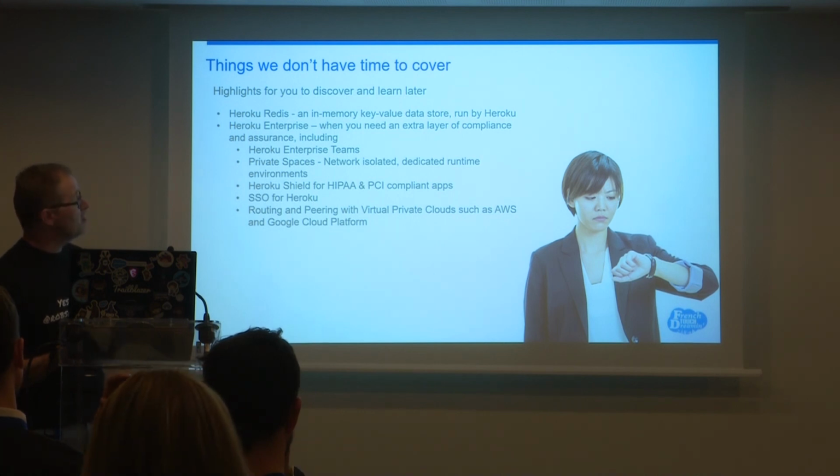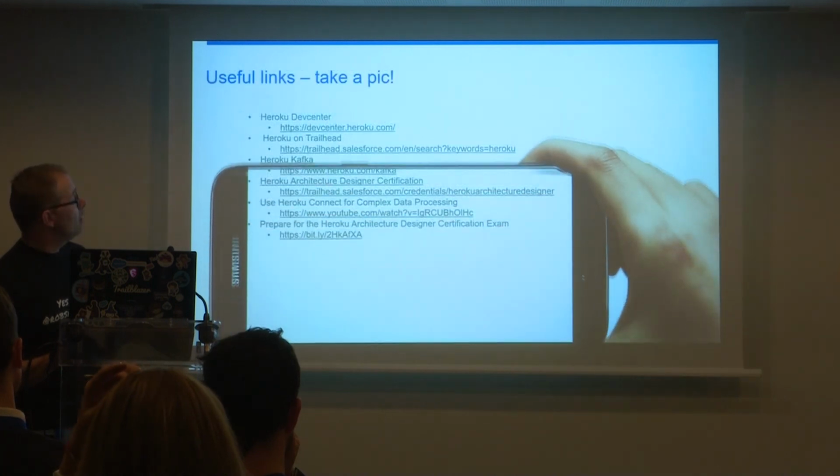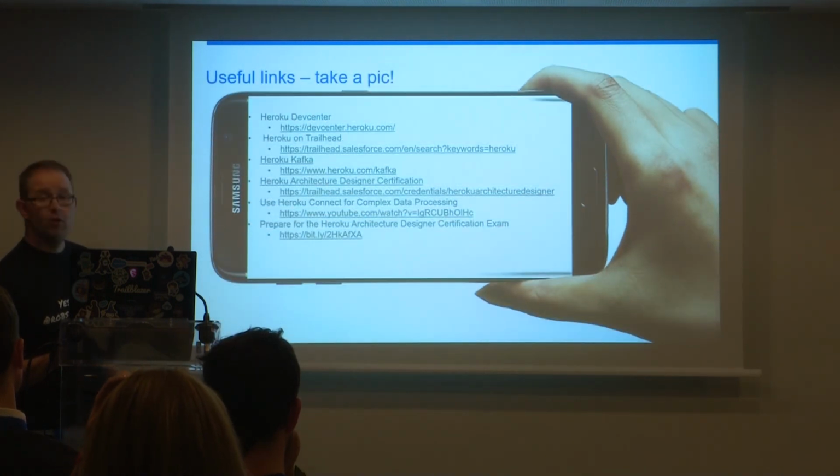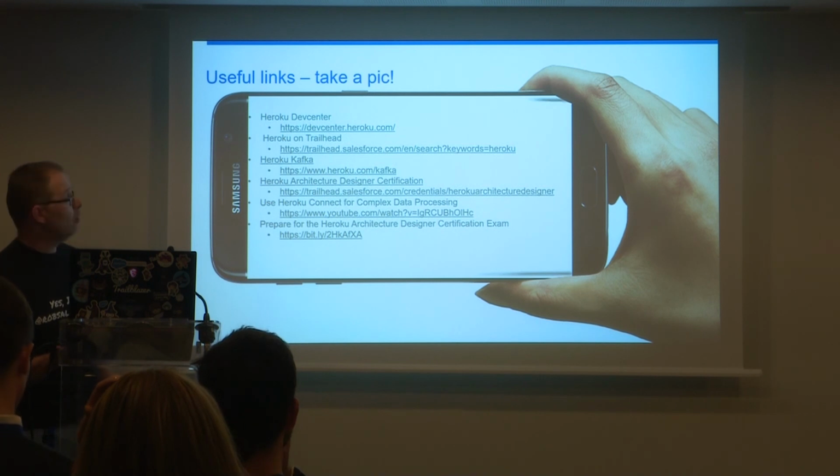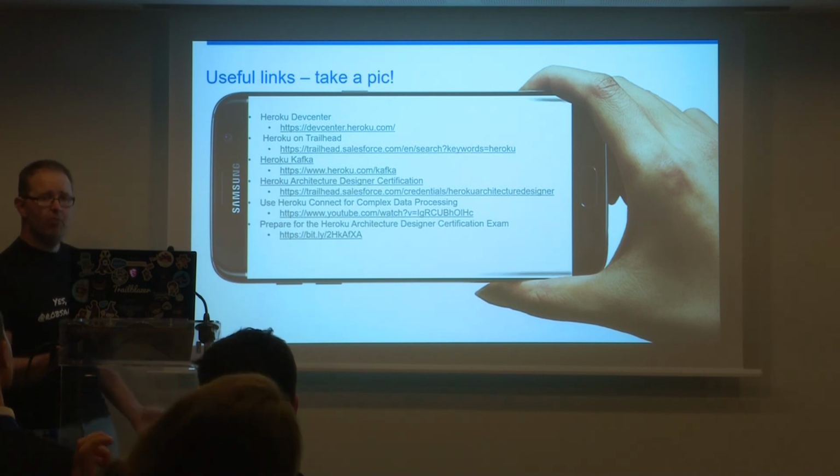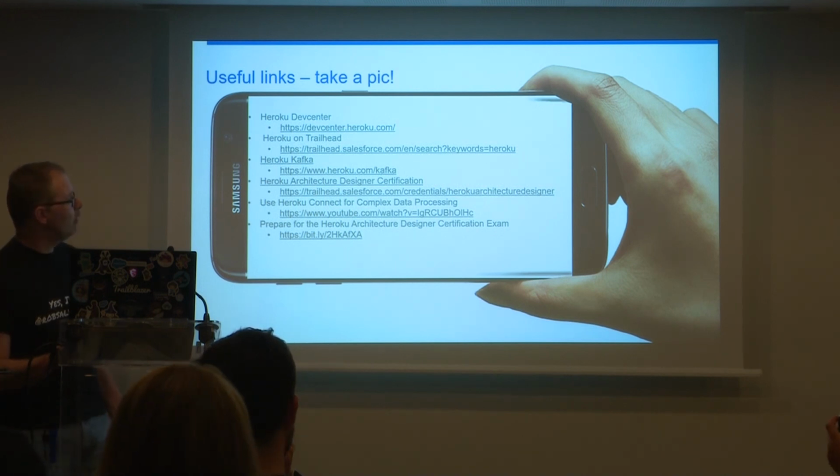So there's a lot to discover there that we don't have time for, but there are a bunch of links for you to take a photo of to dive deeper. The Heroku Dev Center is the source of truth for your documentation on Heroku. There's a Trailhead around it. The Trailheads are pretty lightweight and introductory at the moment, but they will be growing.